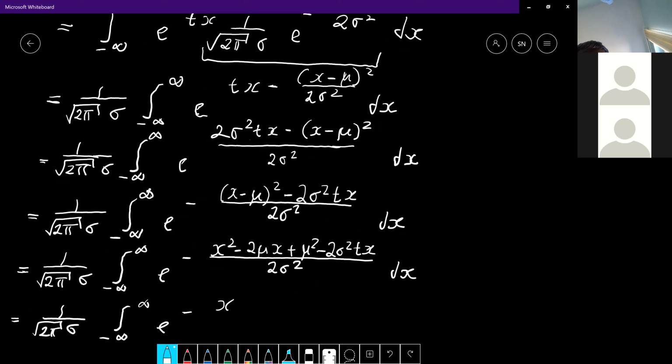There is x squared. I'm going to group the x terms together, so it's going to be minus 2 mu minus sigma squared t, x. Oh, sorry, is it minus or plus?